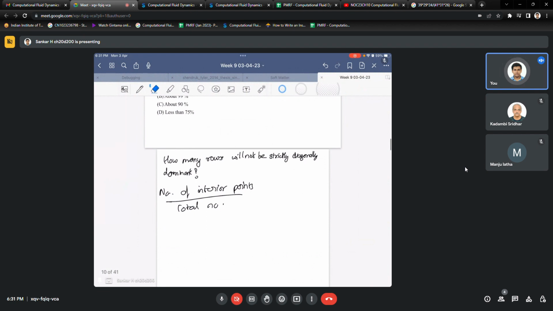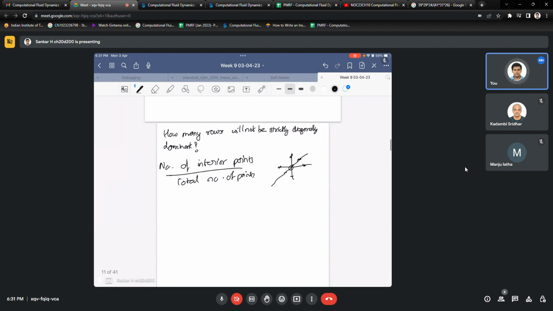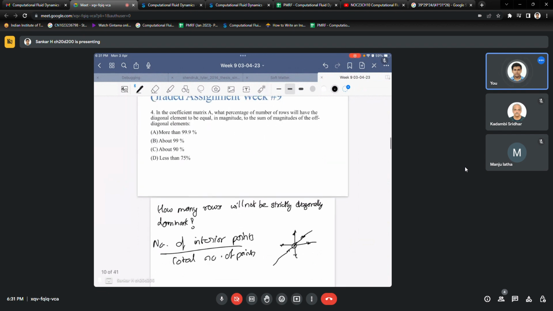When I say interior points, I mean a point which does not have the function value known around it. So suppose this is the x, y and z axis. If the boundaries are not present around any of the points, then we can call that an interior point. Otherwise it's just an unknown or grid point, and that can be found out easily by considering the faces of the rows over here.